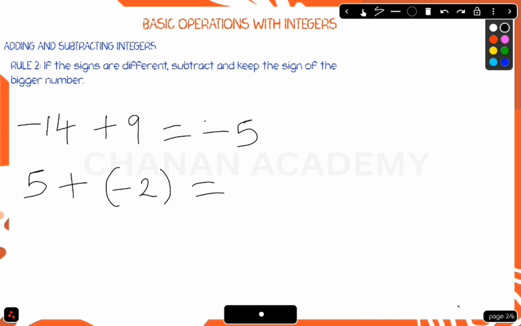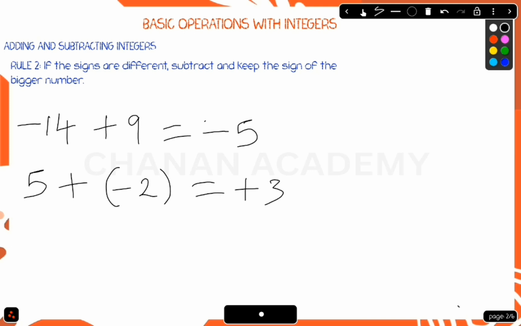So there are two different signs here. The bigger number, which is 5, the sign is positive. Following the rule, keep the sign of the bigger number, which is positive, and then subtract. So 5 minus 2, the result is 3.